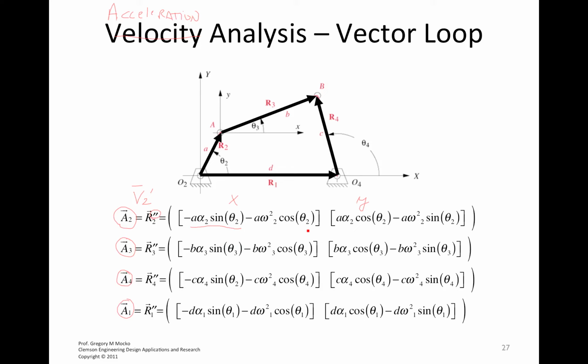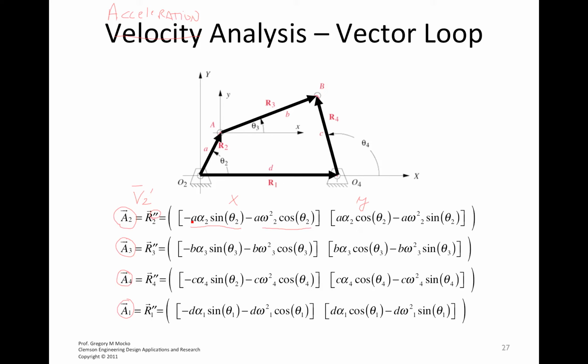So when we have the x component and the y component, we've got ourselves the tangential acceleration and then the radial acceleration. This is why you see two expressions here for the x component. So they're similar all the way down. We're going to take the derivative of velocity with respect to time, or the second derivative of position with respect to time.